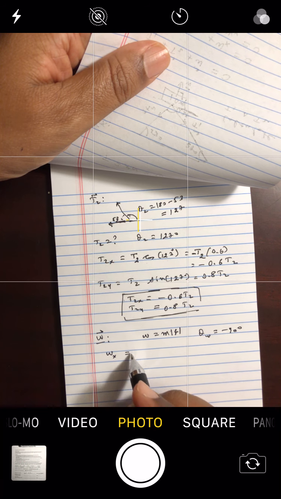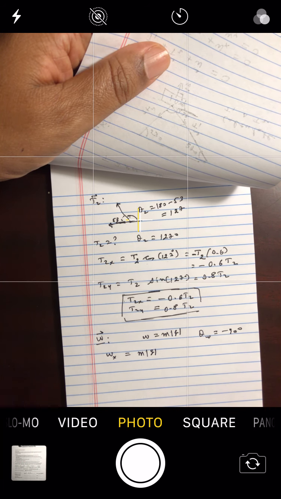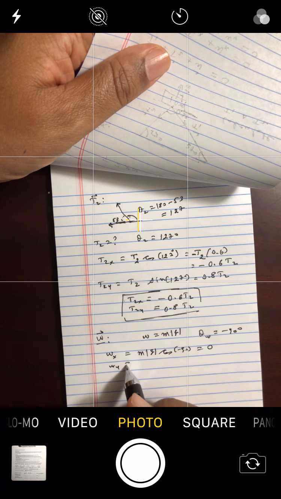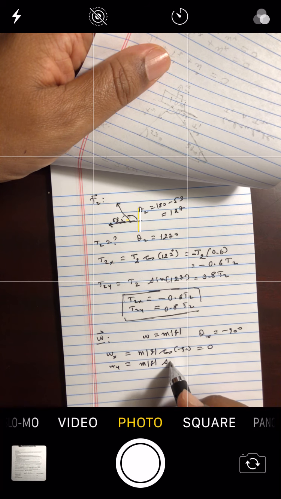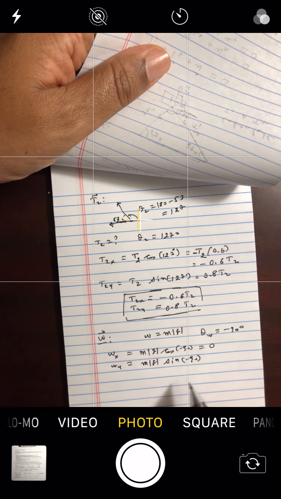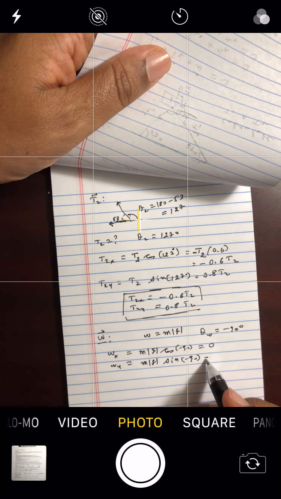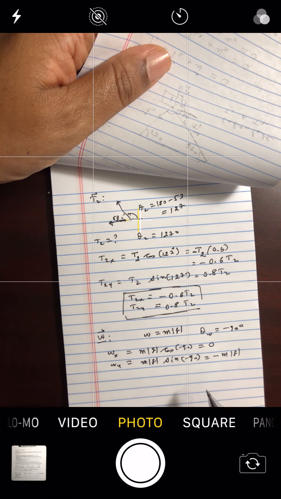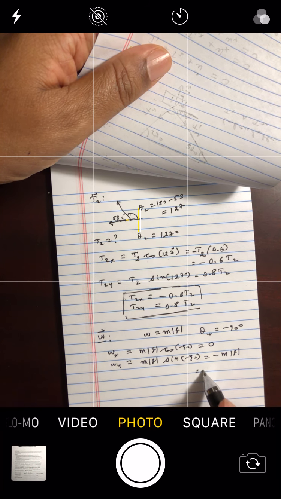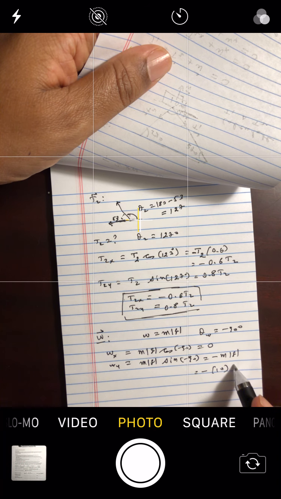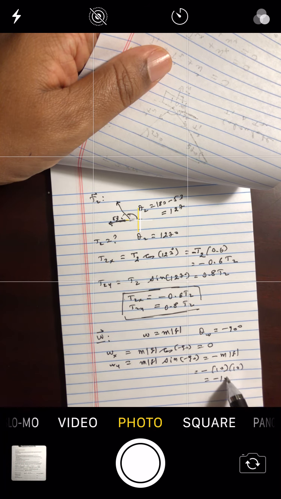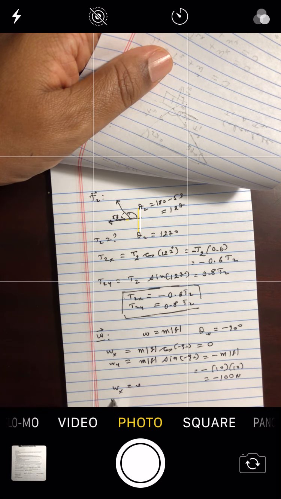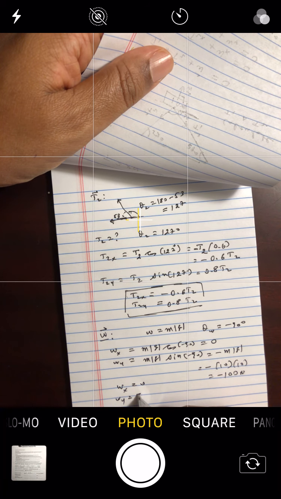So we've got Wx equals the weight times cosine of negative 90, it doesn't have an x component, and Wy equals mass times gravity times sine of negative 90. Sine of negative 90 is negative 1, so you get negative mg. We know the mass is 10 kilograms, and g is approximately 10, so you get negative 100 newtons. So Wx is 0, Wy is negative 100.